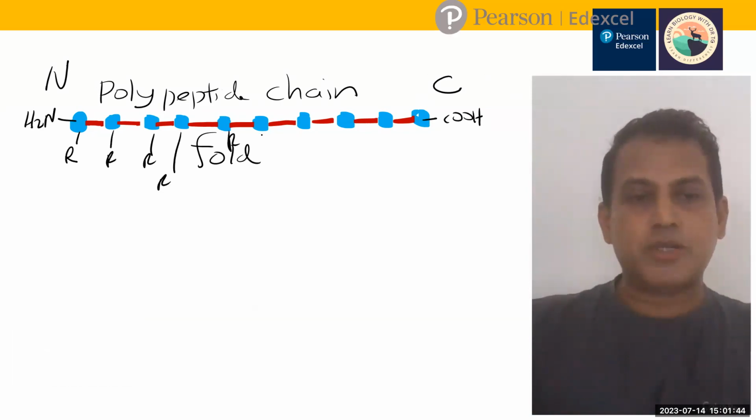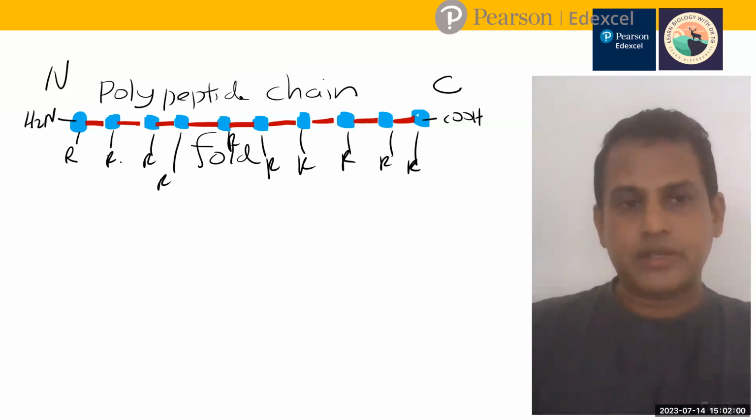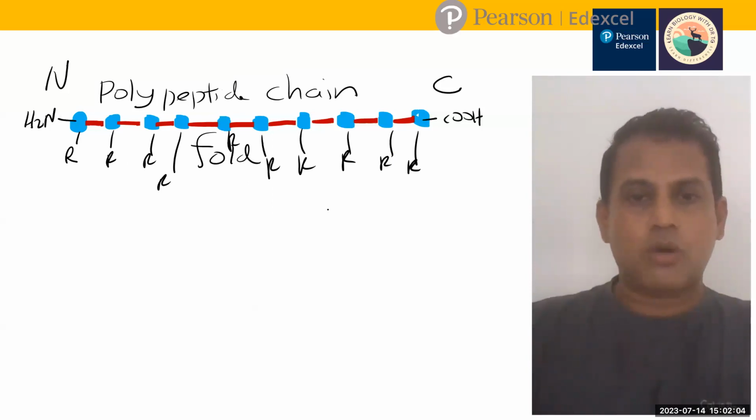So we know each amino acid has an R group. And these R groups are different. So some can react with each other and some cannot. Some have hydrophilic, hydrophobic, polar and non-polar properties.